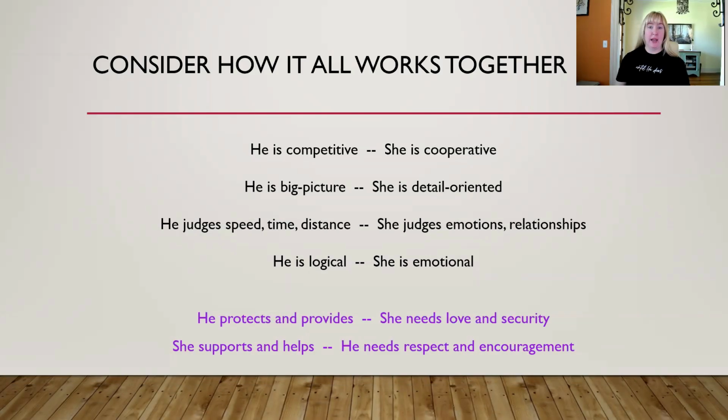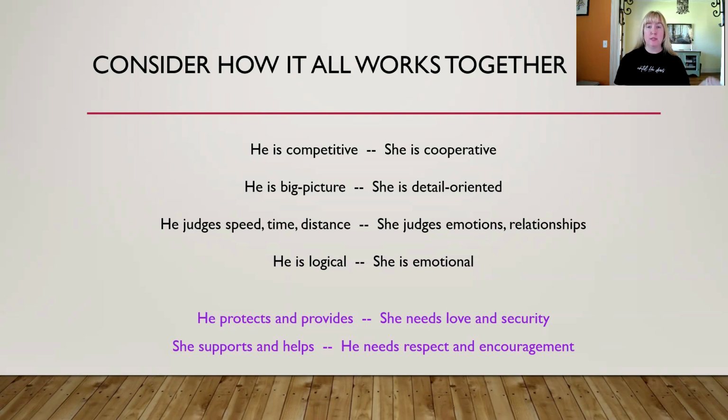So how does this all come together? Well, let's kind of do a side-by-side of everything that I just laid out for you. So if, because of that testosterone and that right amygdala and the calling to be the protector and provider, he's more competitive, well, she is the counterpart. She is more cooperative. She is the one who's the nurturer, the caretaker, the one who's taking care of the details, taking care of everything, where she can keep her eyes down and be more detail oriented, where he can keep his eyes up and focus on the big picture, keep his eyes on the horizon.